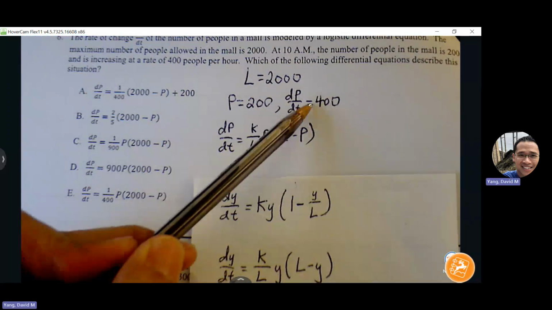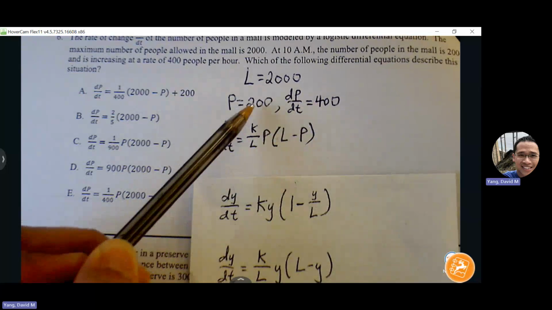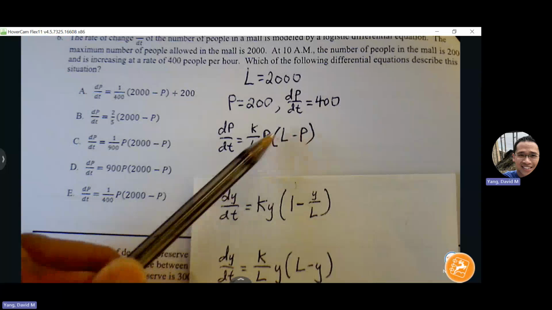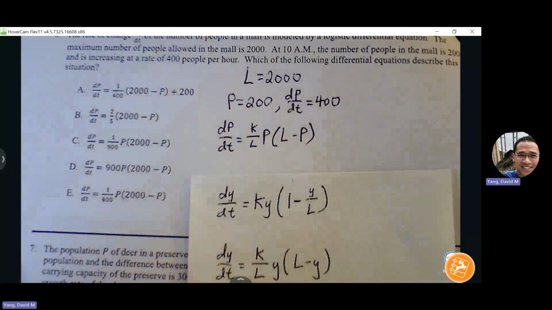So if I insert 400 in for dPdt, 2000 in for L, and then replace P with 200, I can solve for K. Once I solve for K, then I should be able to match my choice there, right?